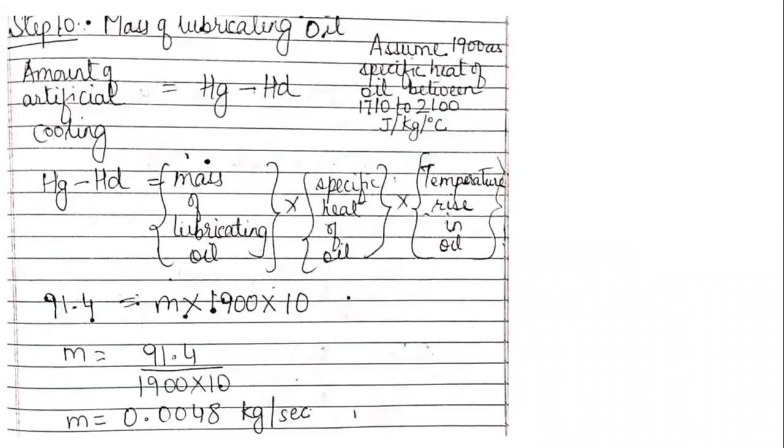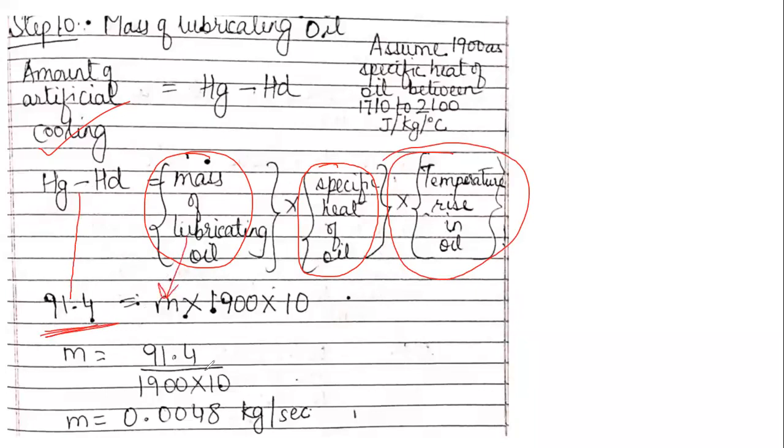Very quickly, to the last step of this numerical, we have to calculate mass of lubricating oil, and that we can calculate from the amount of artificial cooling, which is mass of lubricating oil into specific heat of lubricating oil into temperature rise in oil. अभी हमने calculate किया Hg minus Hd is 91.4. Mass of lubricating oil M. Specific heat is given over here in this numerical.